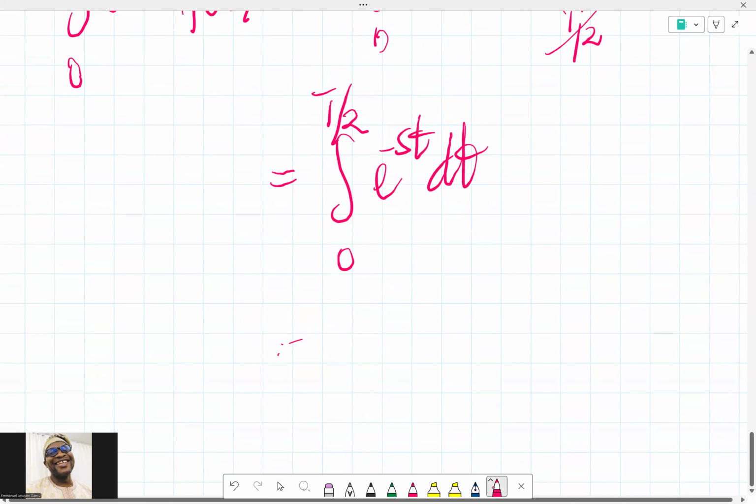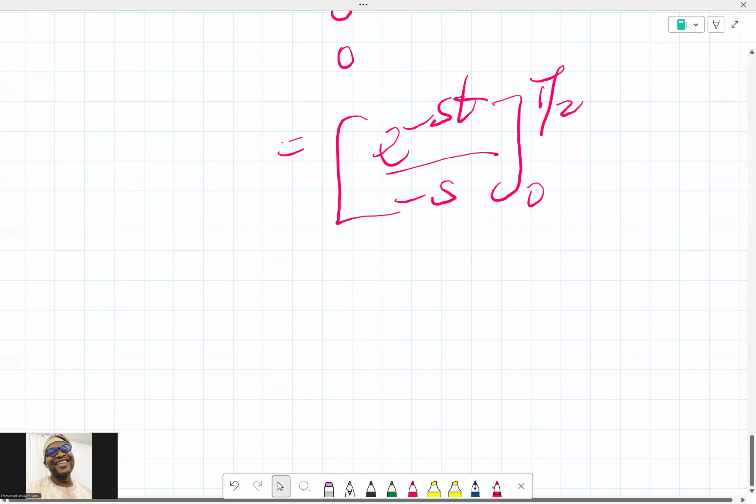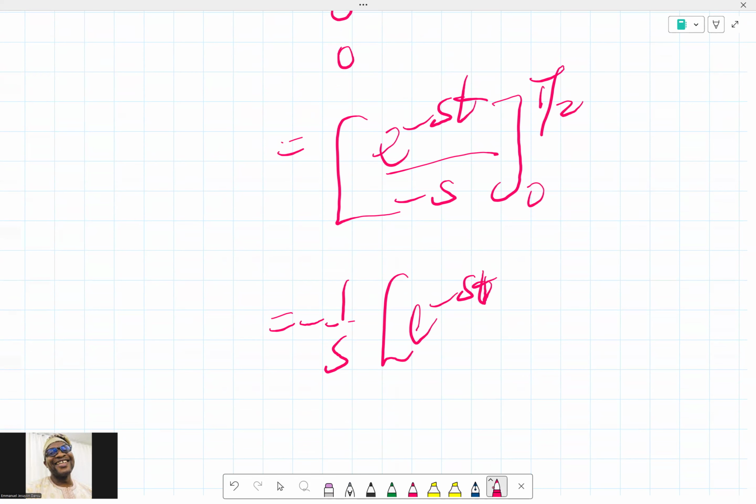When you integrate that, we have e raised to minus st divided by minus s, from 0 to T over 2. So this is equal to minus 1 over s, times e raised to minus st from 0 to T over 2.